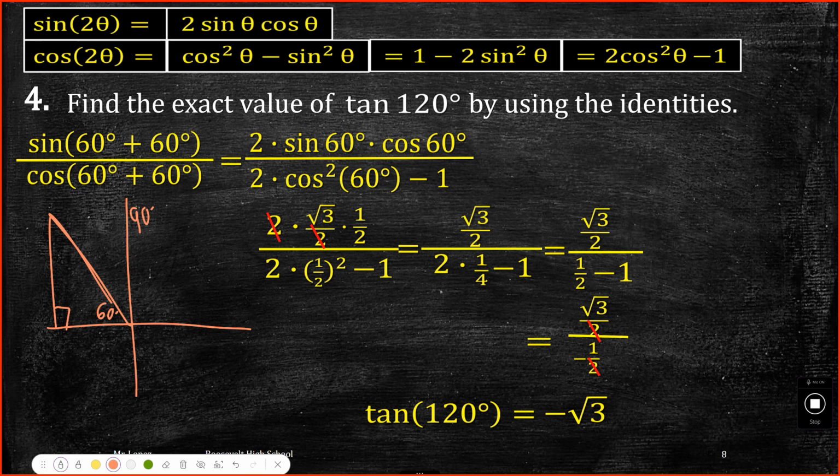Opposite 60 is root 3, 90 is 2, 30 is 1. Tangent of an angle is O over A. Opposite is root 3 over, and this is negative.